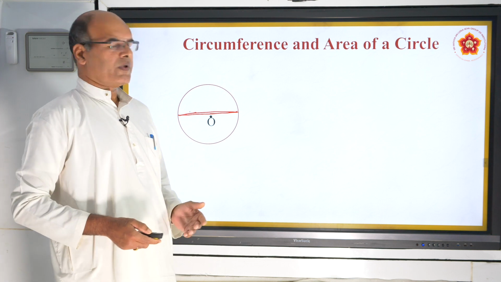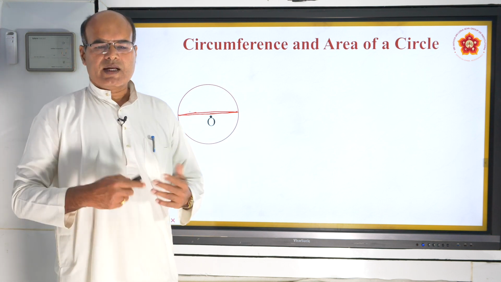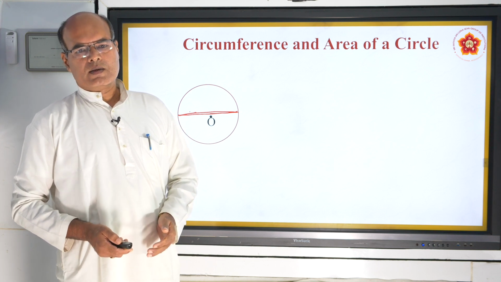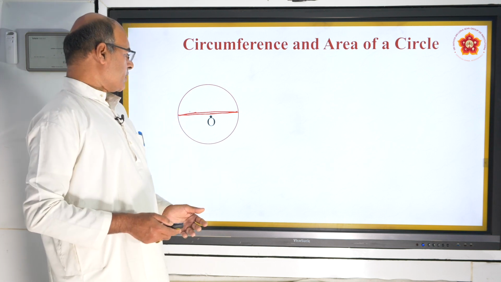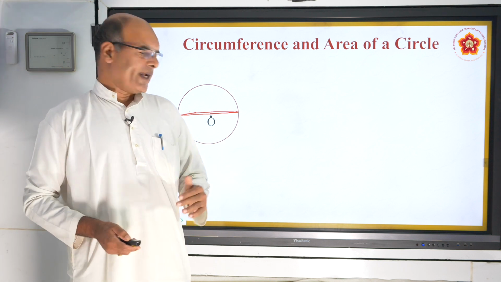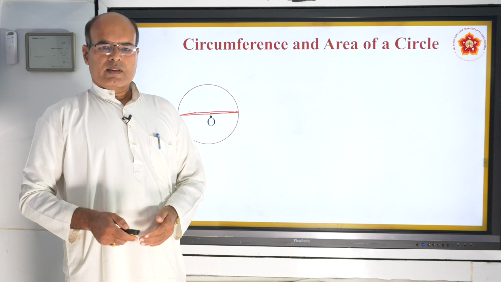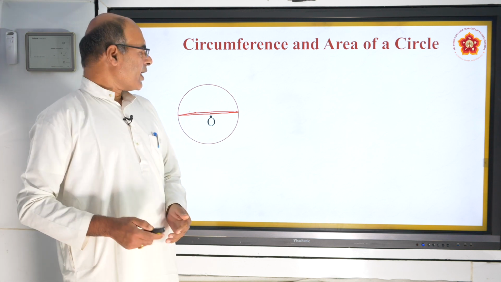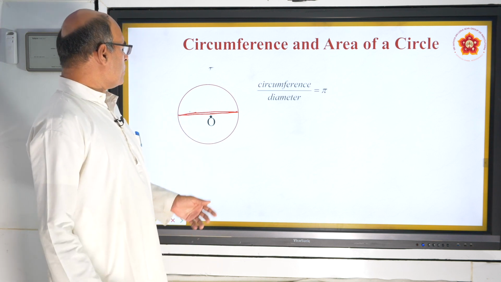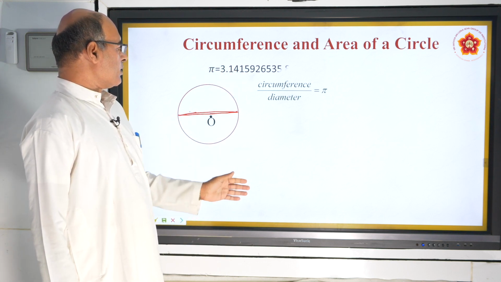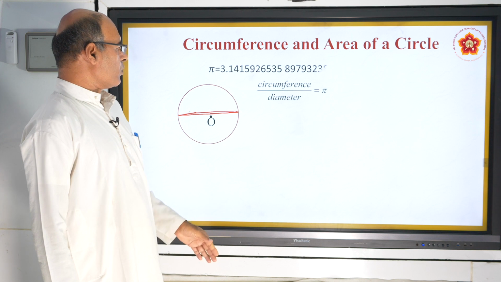In the beginning they found that the circumference is 3 times the diameter in a rough calculation. After they came to know that the circumference is more than 3 times the diameter, they calculated further and found the value is more than 3.1, then 3.14, and so on.